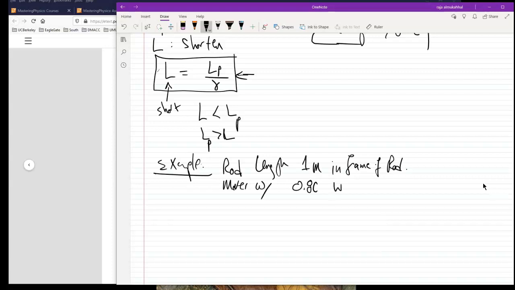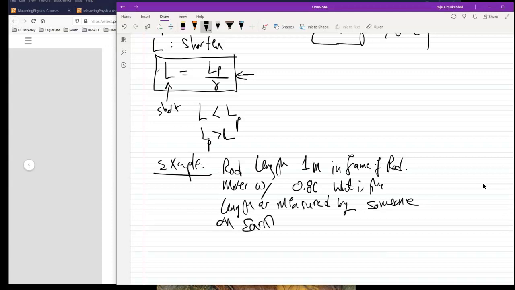So now the question is, what is the relativistic length, or what is the length as measured by someone on Earth?